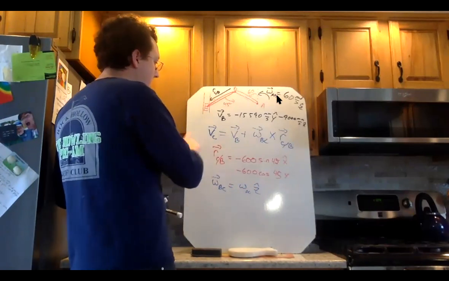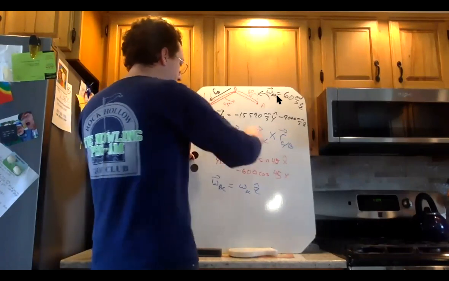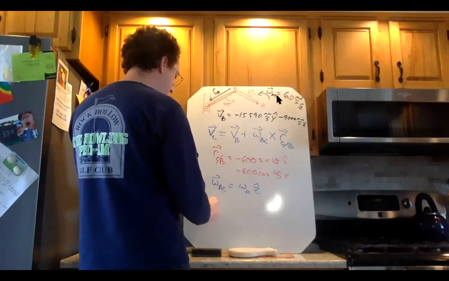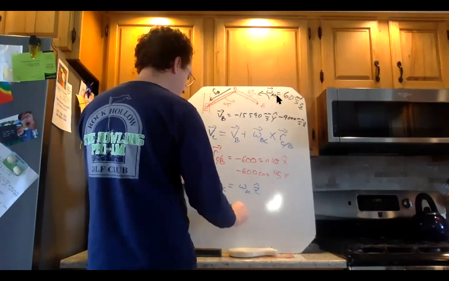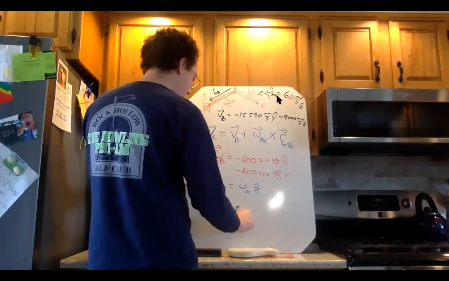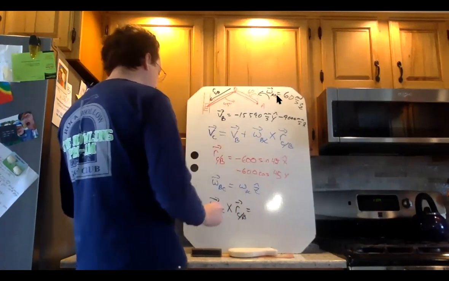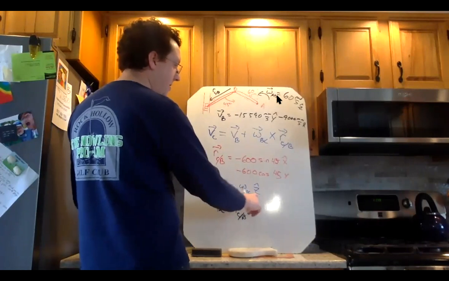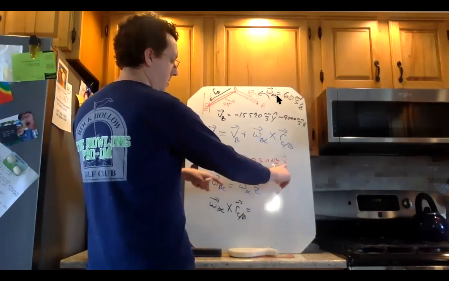All right. So now I just write this all out. Let's do omega BC cross RCB. So that's going to have a z hat cross x hat. Z hat cross x hat is positive y hat.